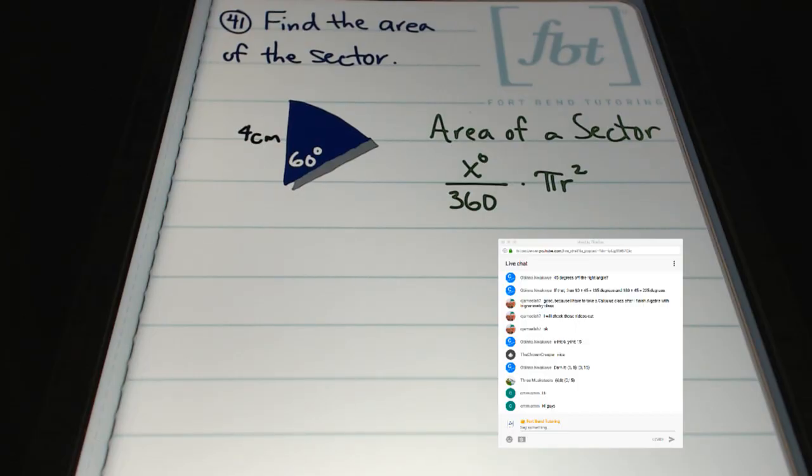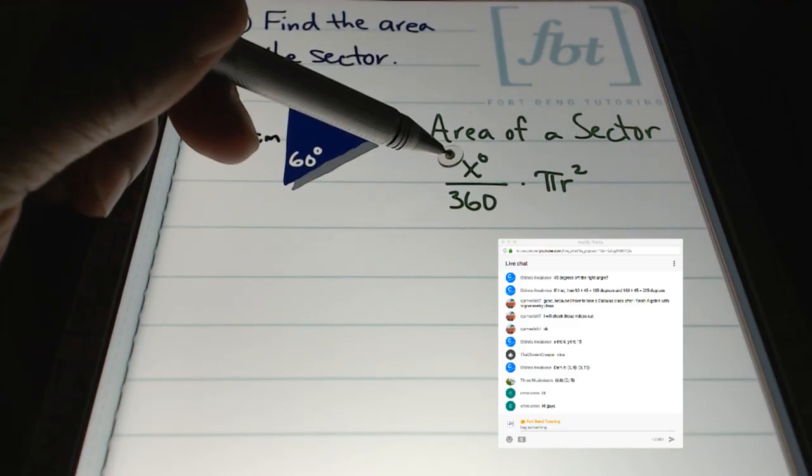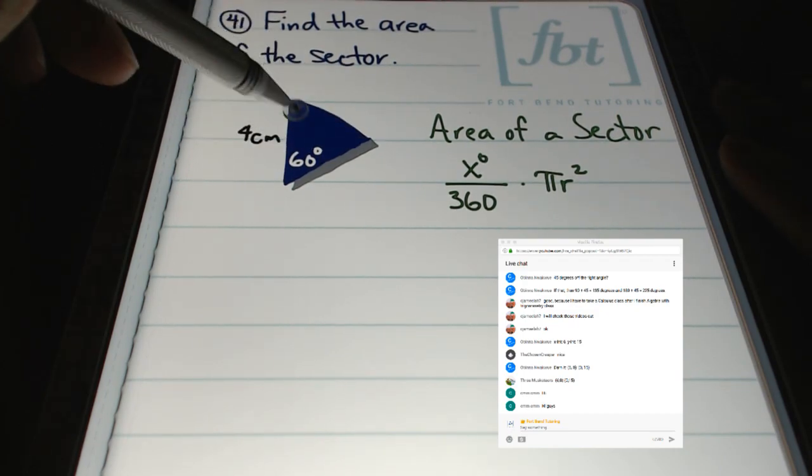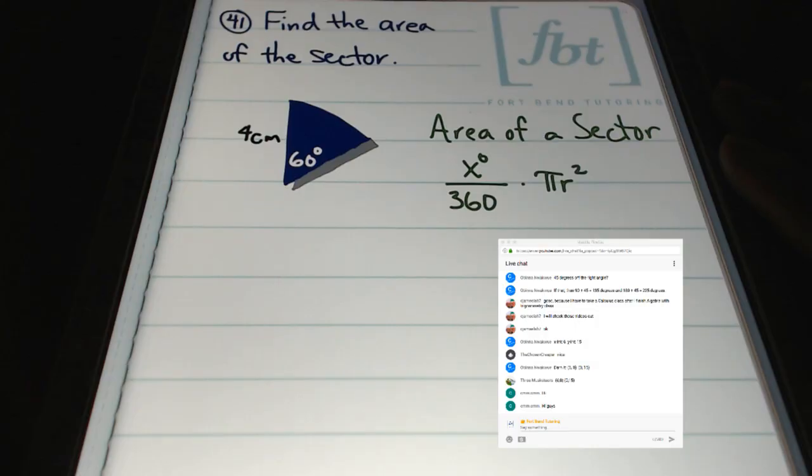All right. So we have problem number 41. It says to find the area of the sector. The area of the sector. And I've even provided a formula here. So we have to find the area of the sector of a circle, guys.